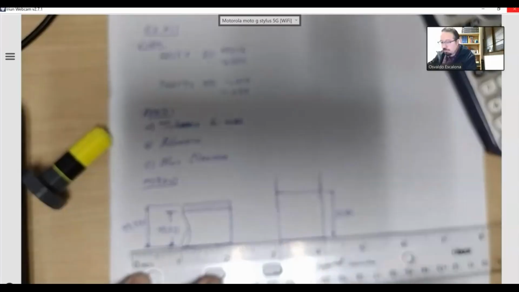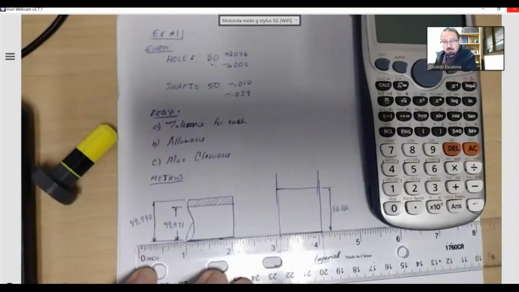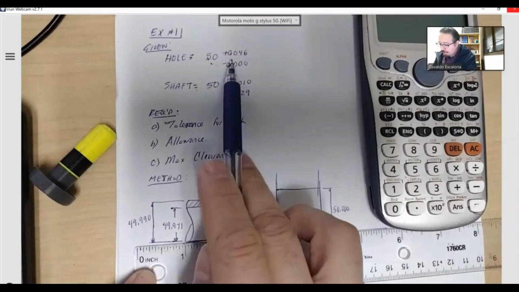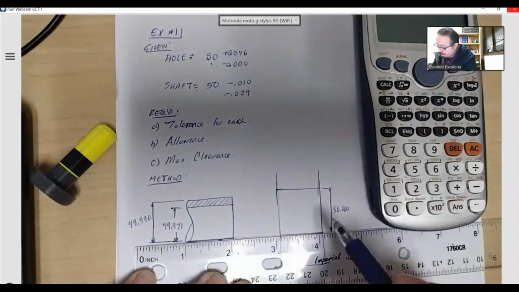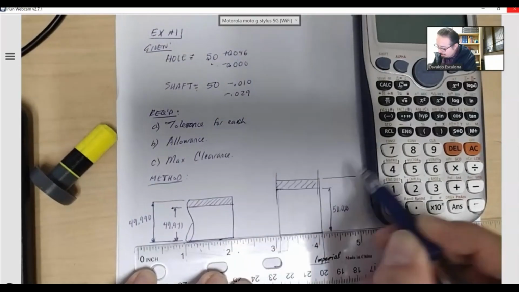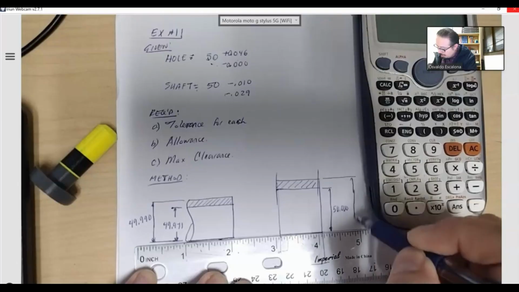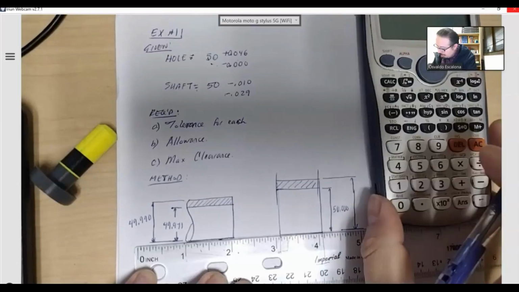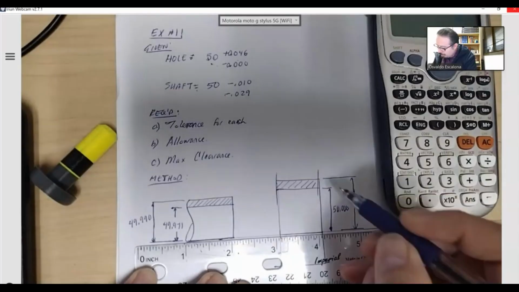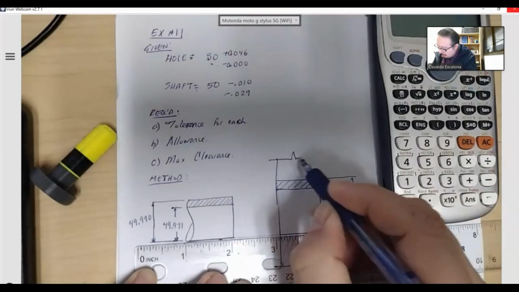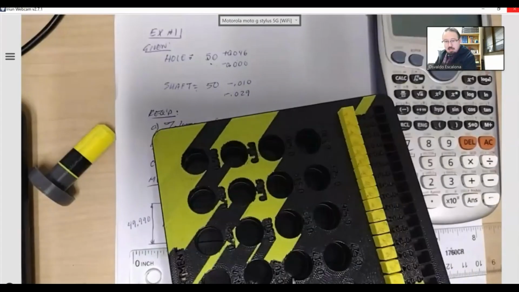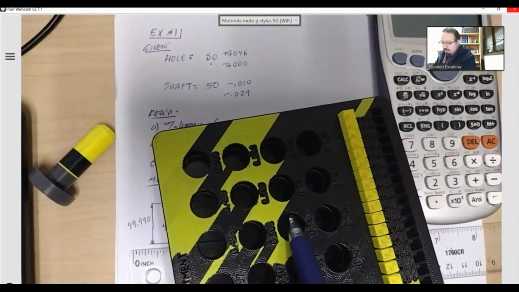Sorry for the camera, it keeps on changing. And the maximum it could be is 50.046. So somewhere there. This is the maximum it could be. Let's make it like that. 50.046.